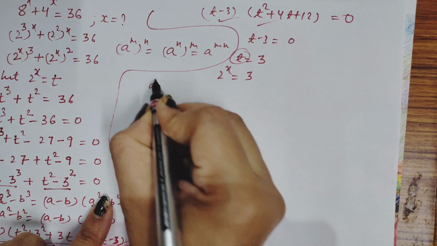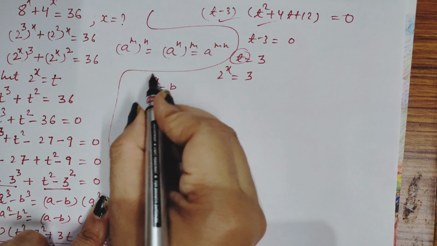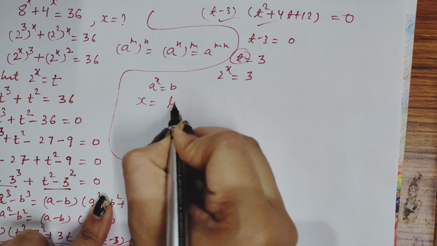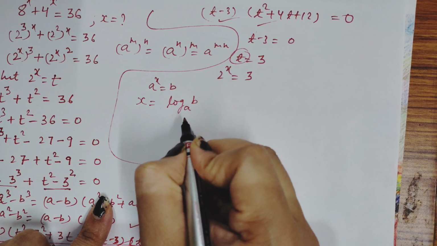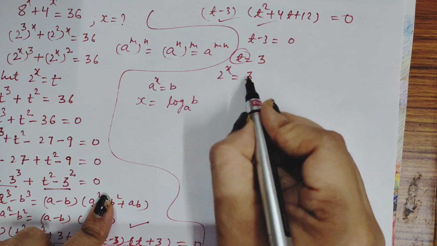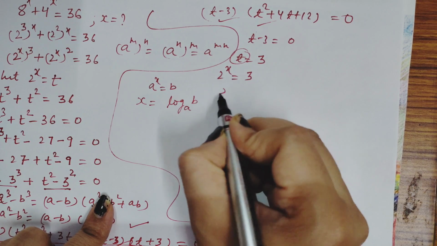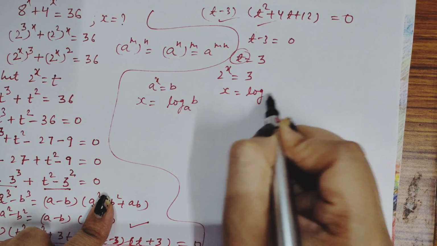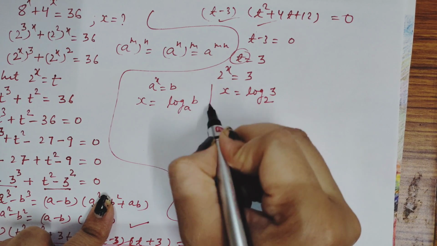We know that if a power x equals b, then by applying the log rule, this x value is log of b in base a. So the same thing we are applying here. 2 power x equals 3, where a is 2 and b is 3. So the x value is log of 3 in base 2. So this is our x value.